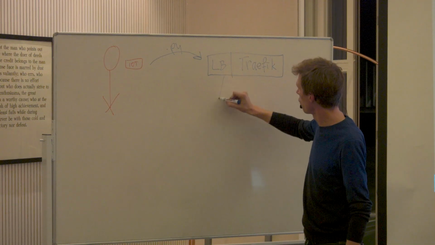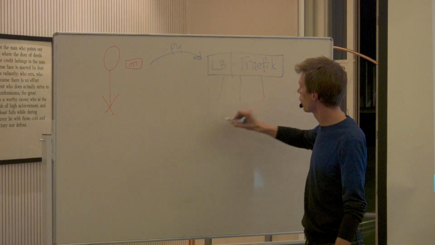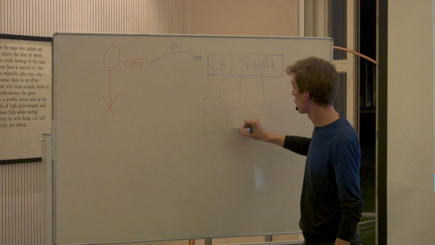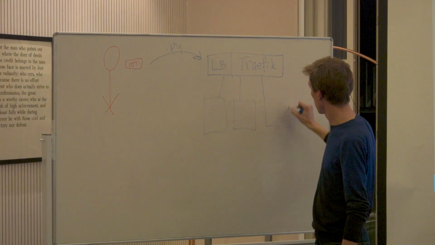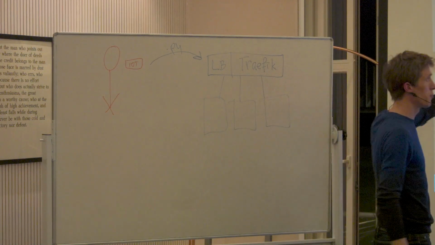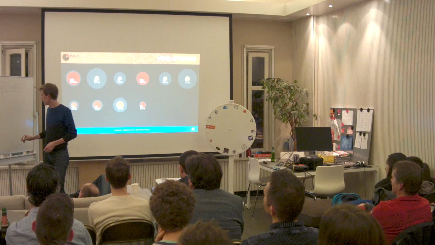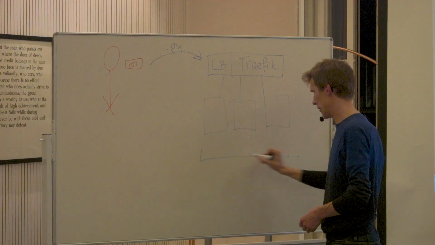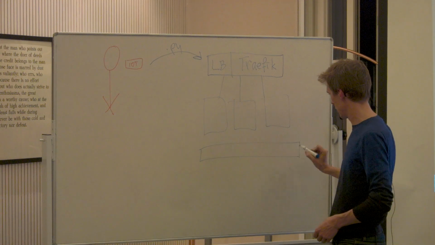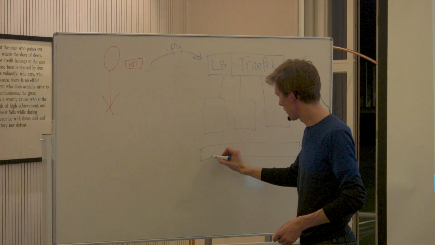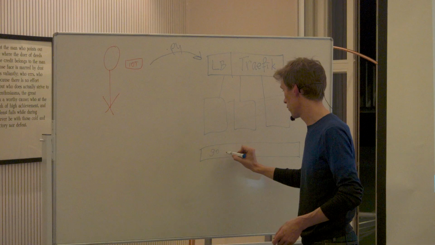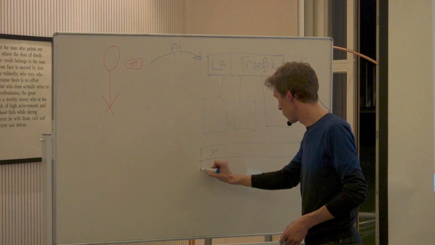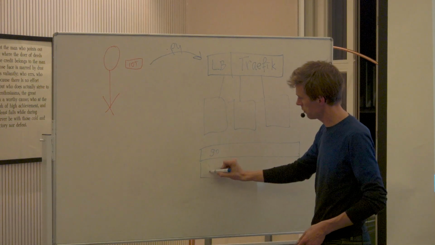Traefik balances load over any number of backend services, which are visualized by these bubbles that you see here. And these are scheduled by a Go application, because why not? Which is running on Marathon.